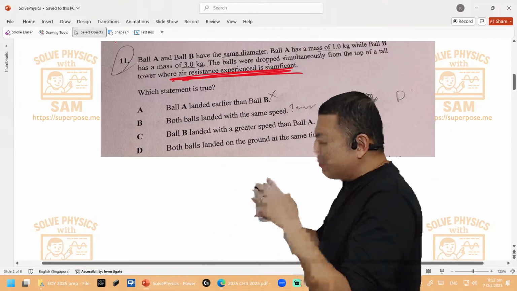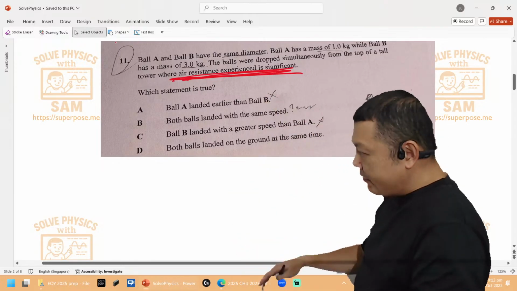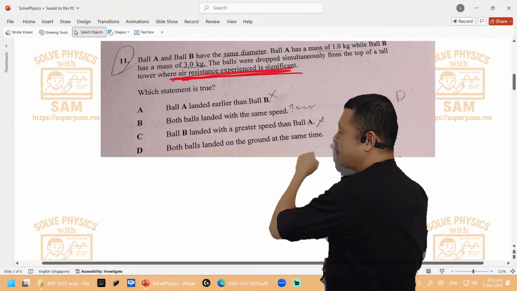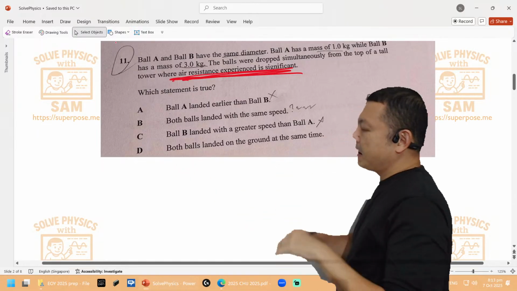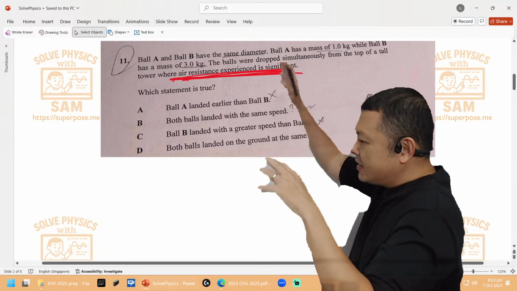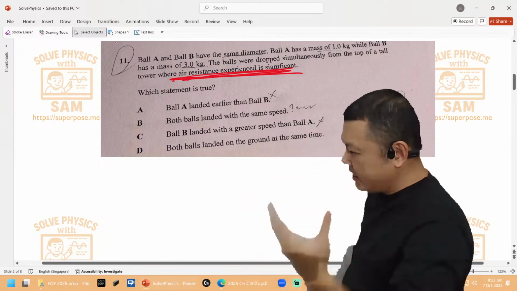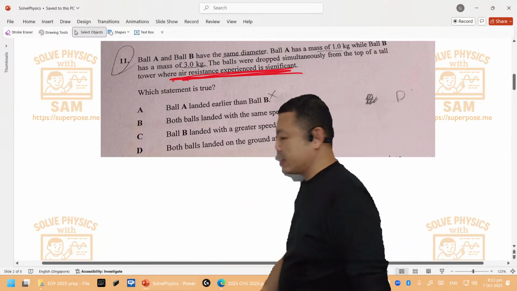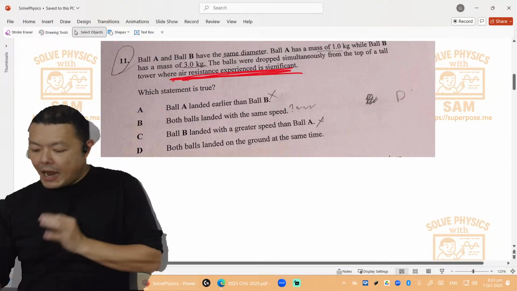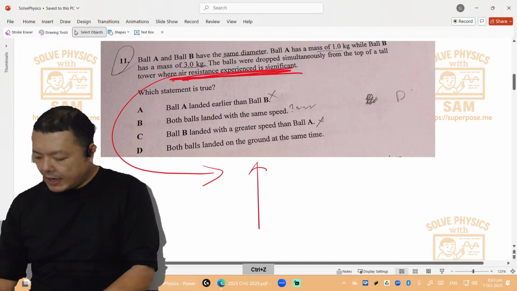So the lighter ball will take longer to hit the ground. If there was no air resistance, D, both will hit the ground at the same time. But when it's significant, then you have to see the bigger ball will hit the ground later. It will hit the ground with a greater speed. So air resistance significant for two different mass balls, right?